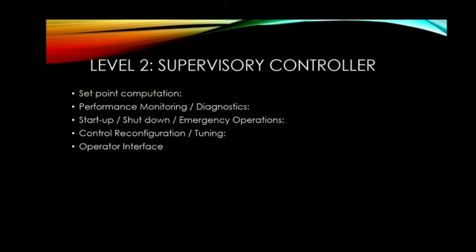Startup or shutdown or emergency operations. Special discrete and continuous control modes are initiated to carry out the intended operation, either in response to operator commands or in response to diagnostic events such as detected failure modes. Control reconfiguration or tuning.